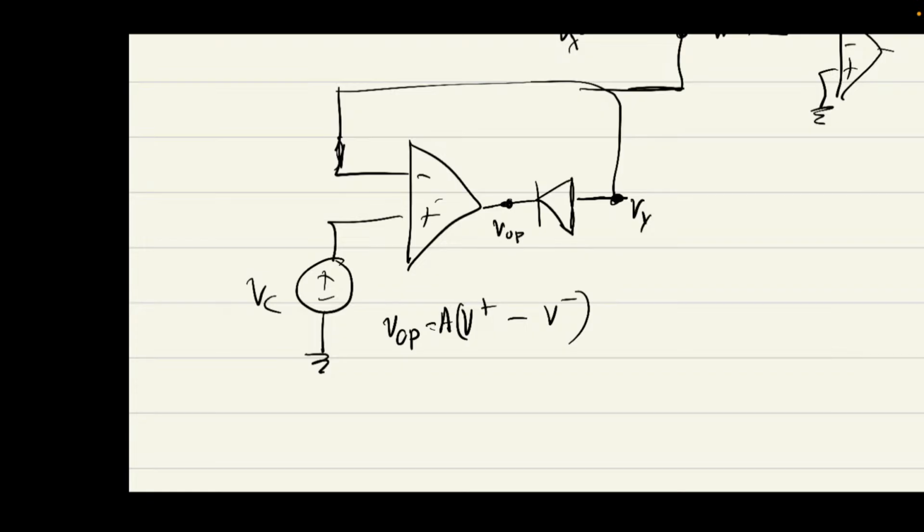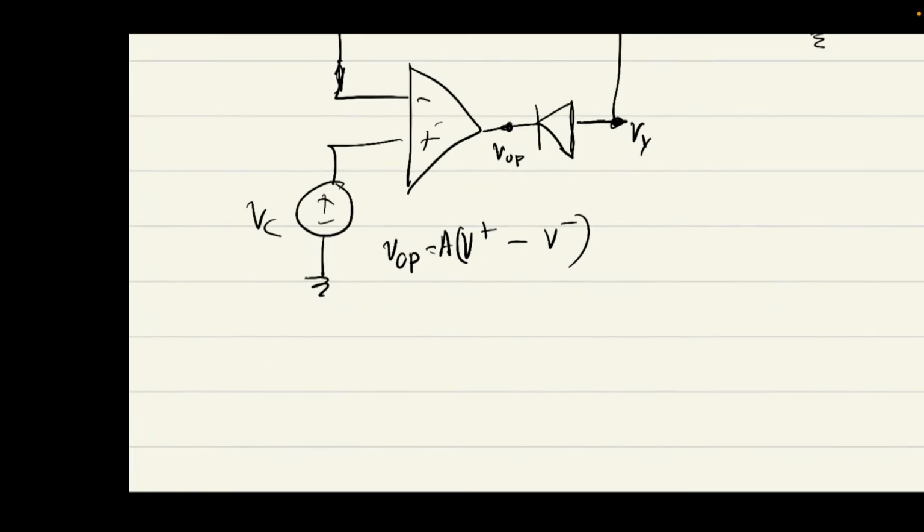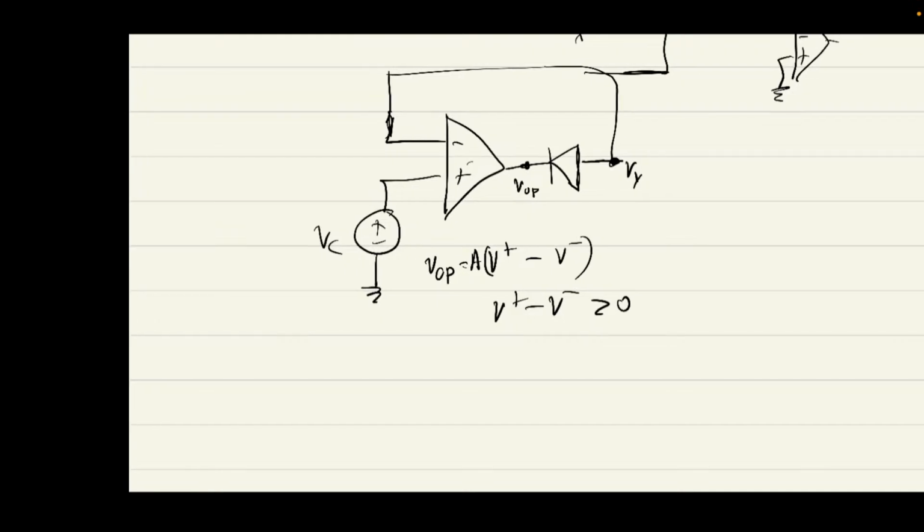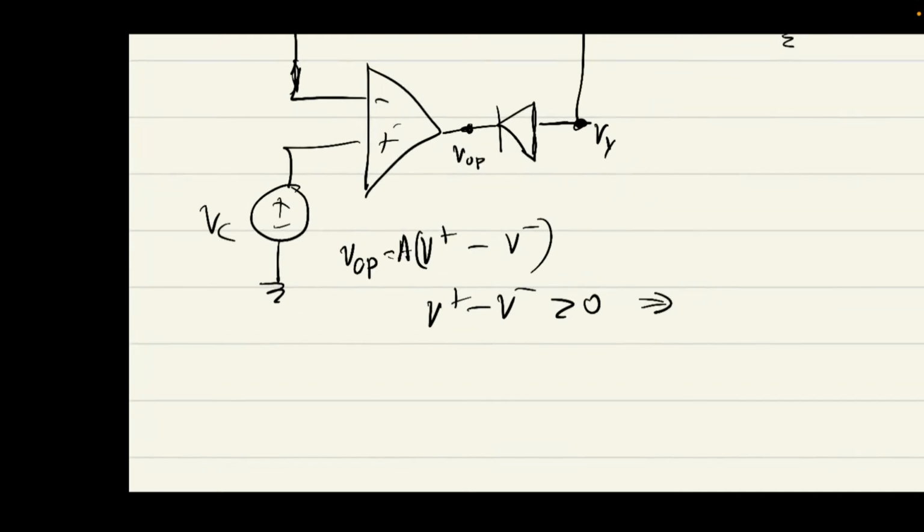So if V plus minus V minus is greater than 0, we can assume that V op is going to be positive VL.